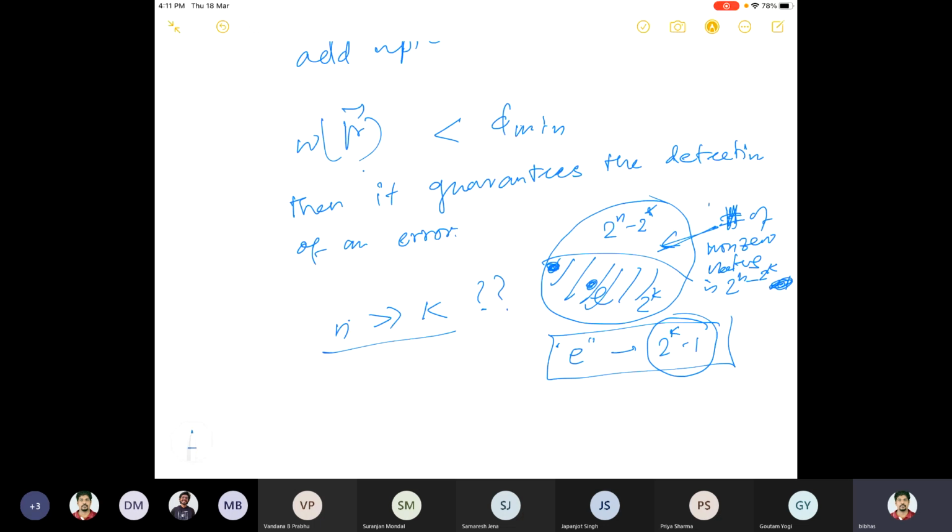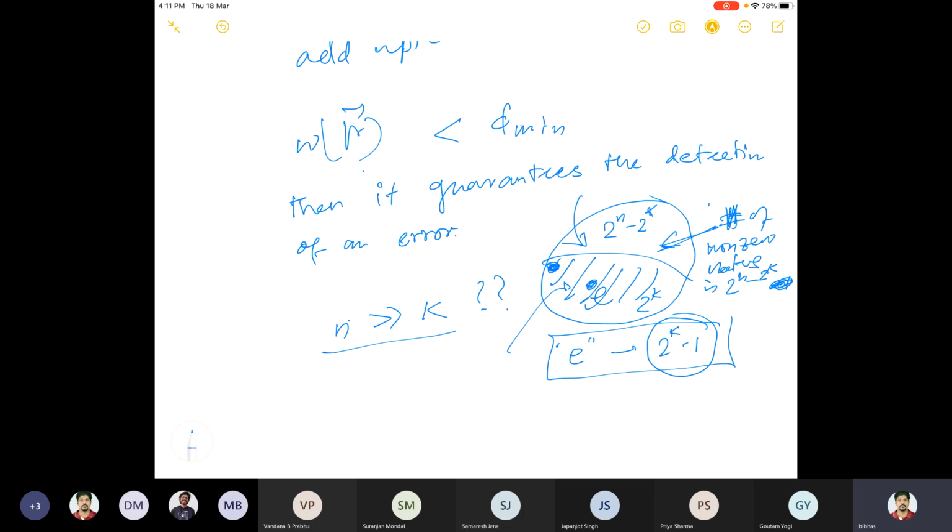Then if you take n bigger than k, 2 to the power n minus 2 to the power k will be much, much bigger than 2 to the power k minus 1. And hence we can say that the number of detectable errors is more than the number of undetectable errors. So in some sense, if you calculate the probability of error, how many possible errors are there and whether it belongs to here or here, we can say that the probability of an error which is not detected is less in comparison to the probability of an error which is detectable.